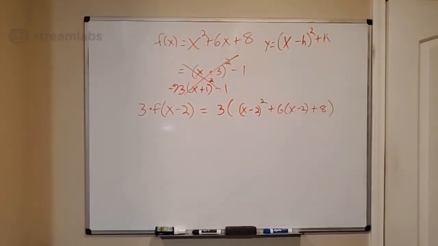So they just want you to do the transformation, which would be 3 times f of x minus 2, since you're shifting it to the right 2, and then get your answer. So the bottom way will be much easier, so don't even look at the top way or think about trying to do the top way. There's a lot of compensations and things that need to be changed for you.